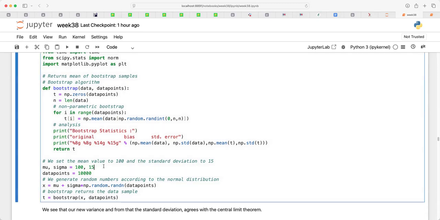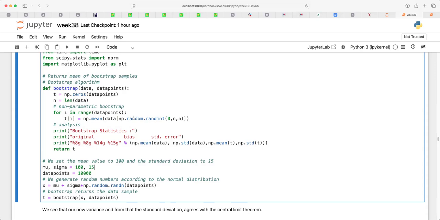Now, what I can do then is to do a bootstrap. In this particular case, I do a bootstrap 10,000 times. But I'm taking the same original points and just reshuffling them. The way you would do that in Python is simply to call the function random randint, and you take the whole data set, and that will reshuffle all the numbers. So every time I call this one, I generate a new data set by reshuffling.